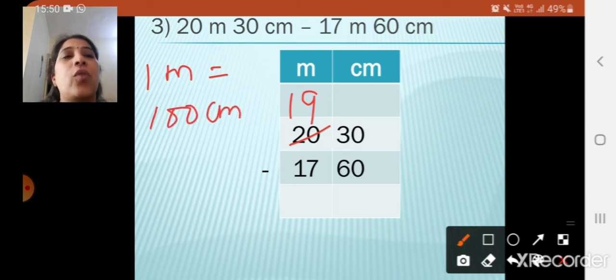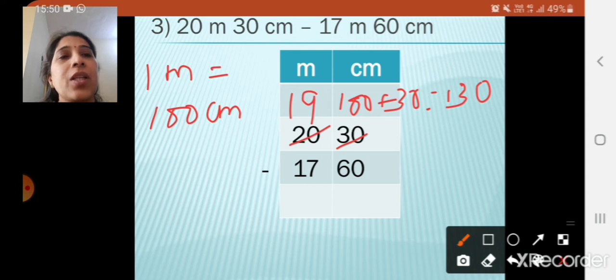Right. So what we will do? We will write here 100 plus 30. So what do you get? You get it as 130. Right. Now you can carry out the subtraction. 0 minus 0 is 0 and 13 minus 6 is 7.